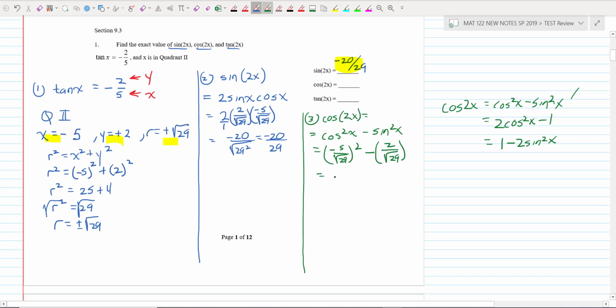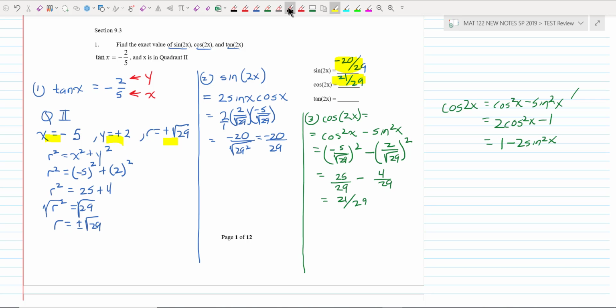If you square negative 5, you get positive 25. You square the radical 29, that just gives 29. And then the next one, 2 squared is 4. And then the square root of 29 squared is 29. Okay, then you can put that together. Now you've got a common denominator already, so you would get 21 over 29 would then be the answer to that problem. Okay, that's it.